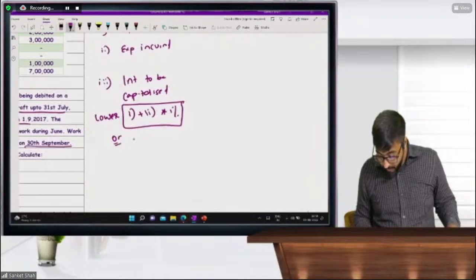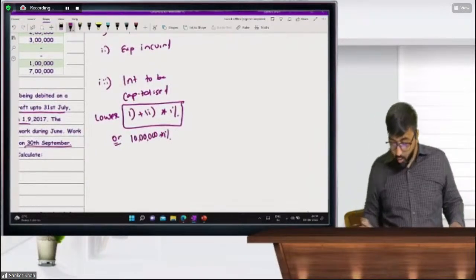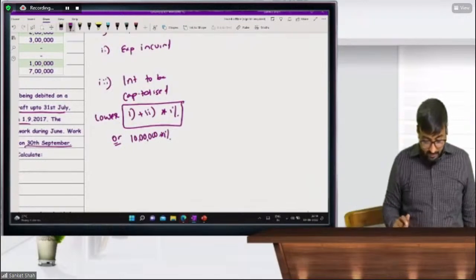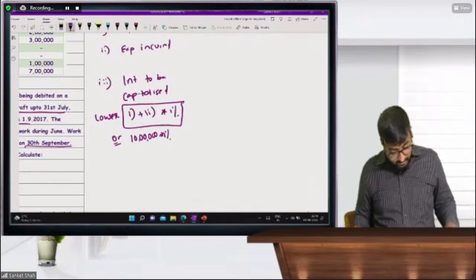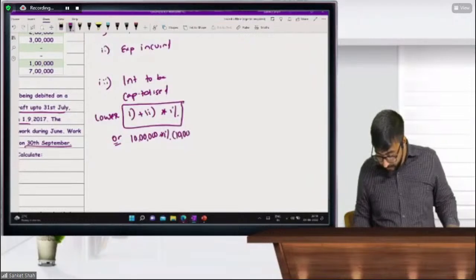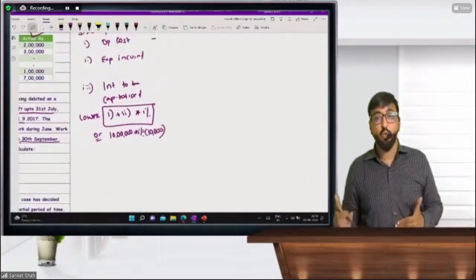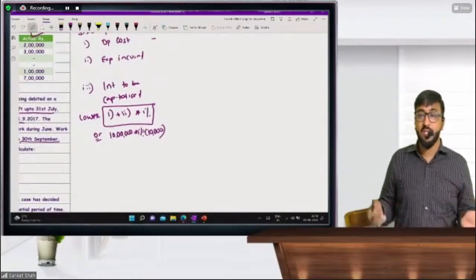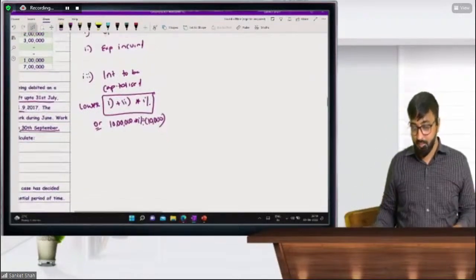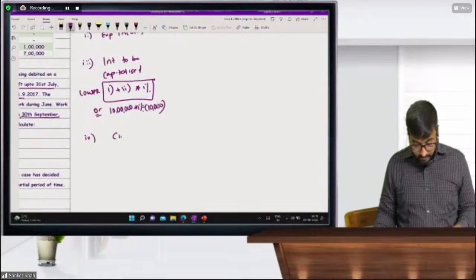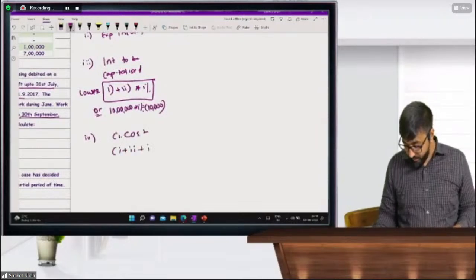Or 10 lakhs into 1%, whichever is lower. 10 lakhs into 1% means this is 10,000, whichever is lower. So our loan is restricted to 10 lakhs. You should not charge it above 10 lakhs. And Roman 4 is the closing cost, 1 plus 2 plus 3.